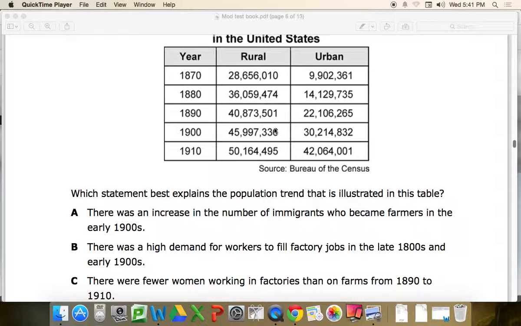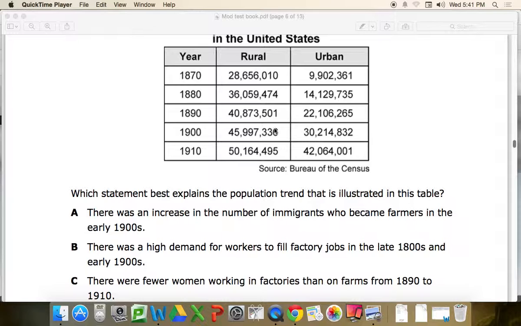We can eliminate answer choice A. When you're talking about immigrants becoming farmers, you should know that's just not true. When we talked about immigration, we talked about how immigrants were coming in as unskilled workers, not to become farmers. And obviously, this chart doesn't talk about the difference between men and women, and it's showing increasing population numbers.